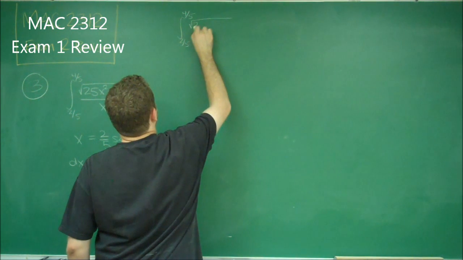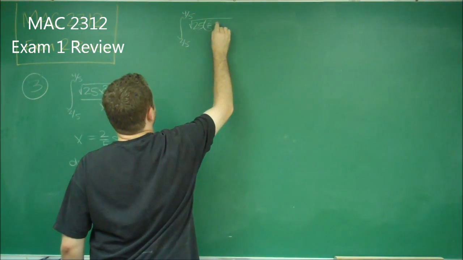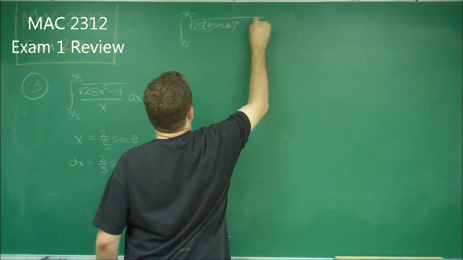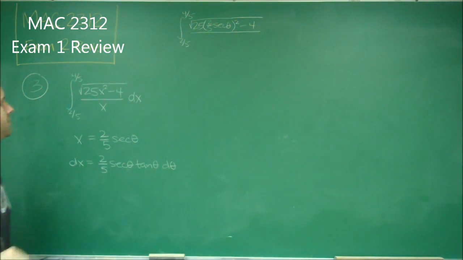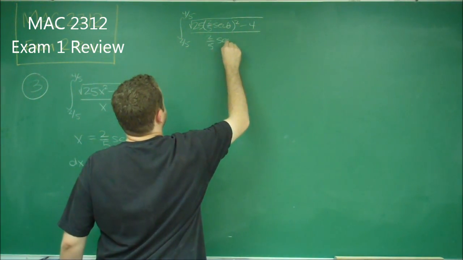We're going to have 25, and instead of x, we're going to be putting 2/5 secant theta squared minus 4. On the bottom, we have x, and x is just 2/5 secant theta.